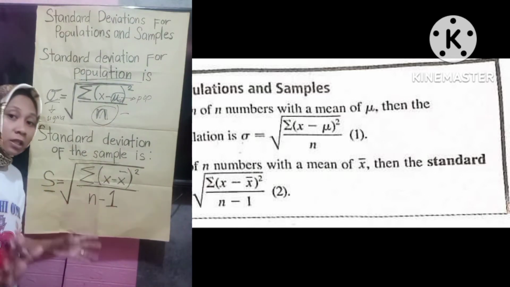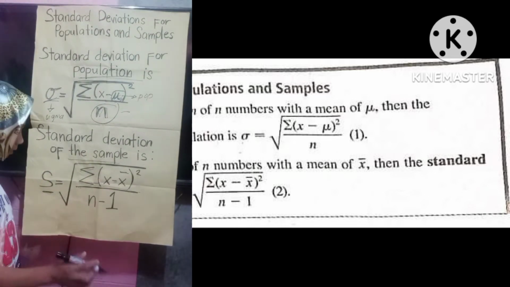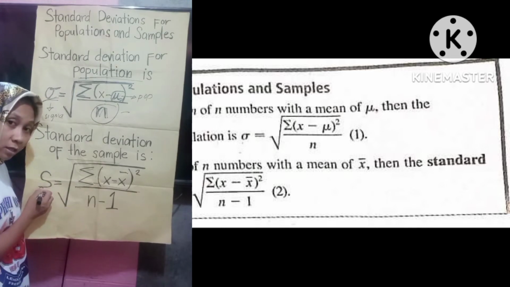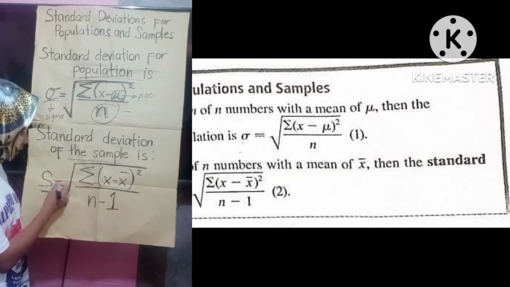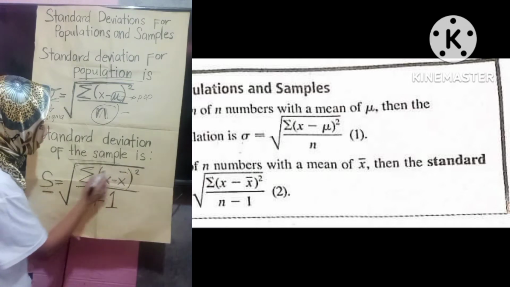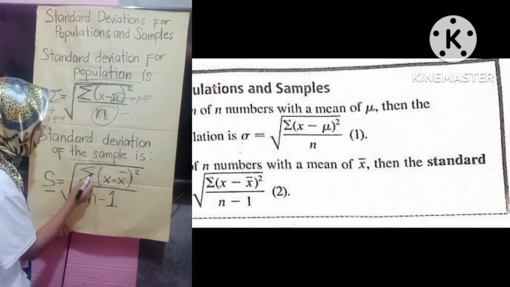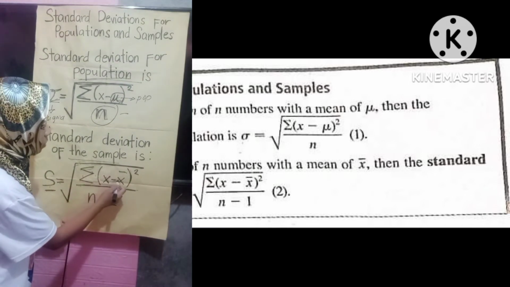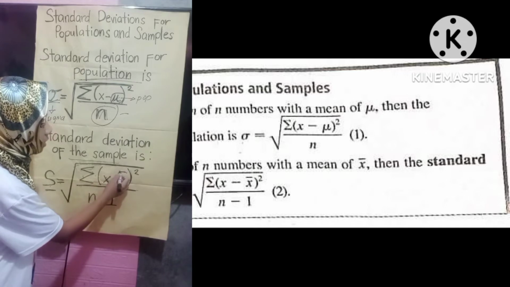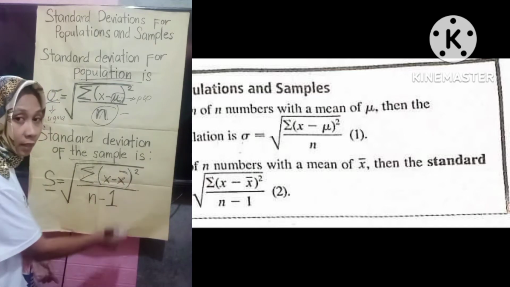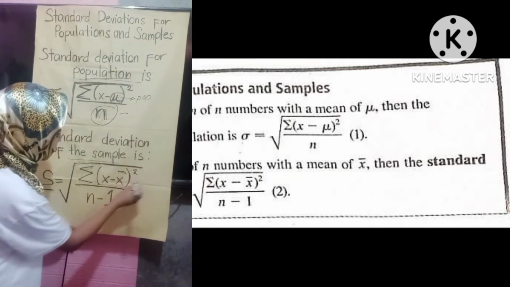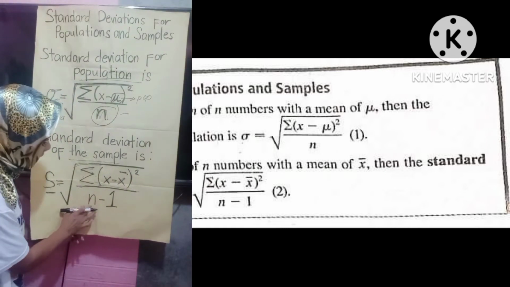Sa standard deviation of the sample, magagamit mo yung s, kasi from the word sample, is equal to the square root of the summation of x minus x bar raised to the power of 2 over n minus 1.